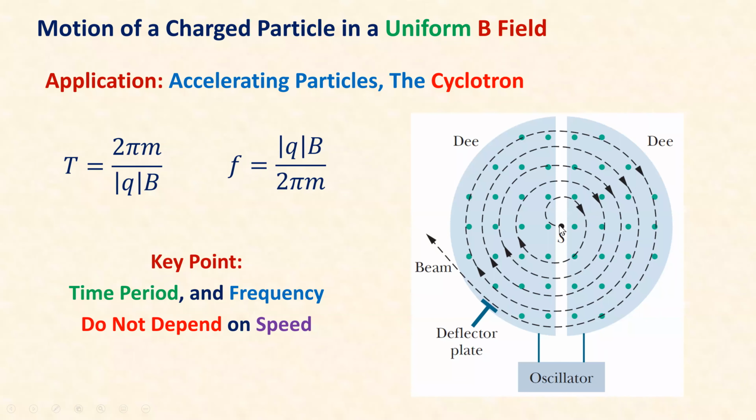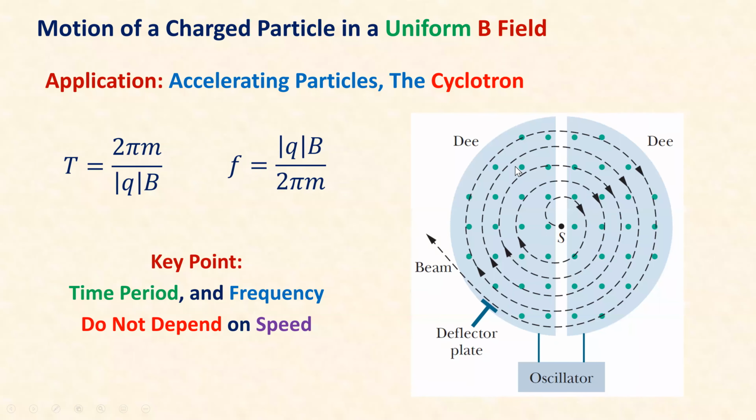So let's say the particle is a positively charged particle, a proton. And then when it comes out, this side is negative and it gets absorbed into this side, but it doesn't hit any metal. It goes in between the two Ds and moves in perpendicular direction of the magnetic field that is present here out of the page.